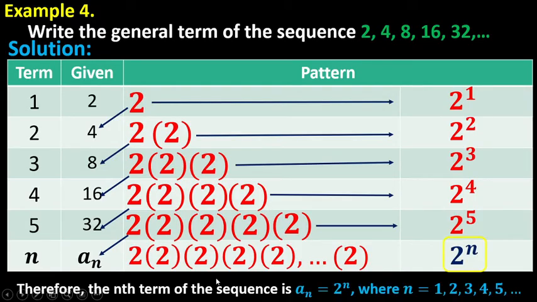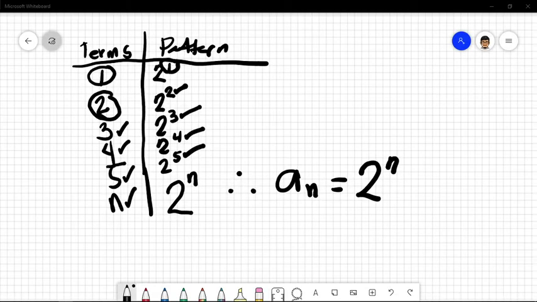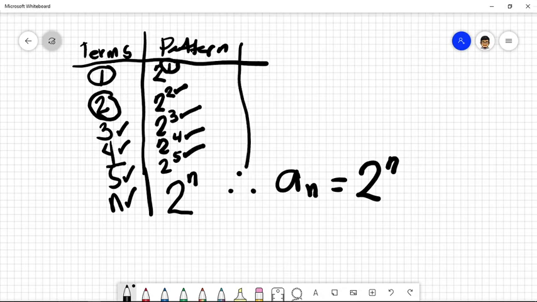Therefore, the nth term of the sequence is a sub n is equal to 2 raised to n, where n are the number of terms, which are 1, 2, 3, 4, and 5. Try natin gusto nyo. Let's check our answer if it is correct. Say, patunayan natin na itong fourth term ay equal siya sa 16. Solve natin.